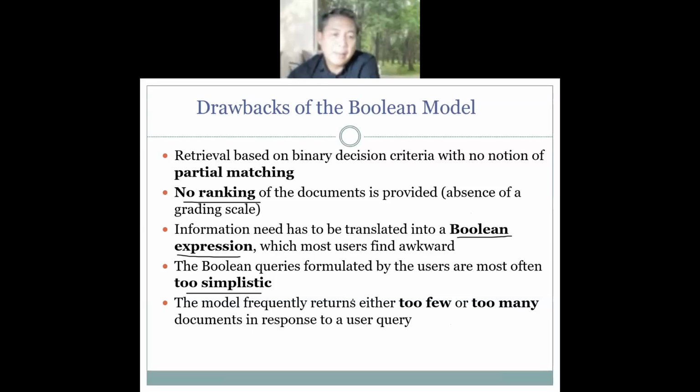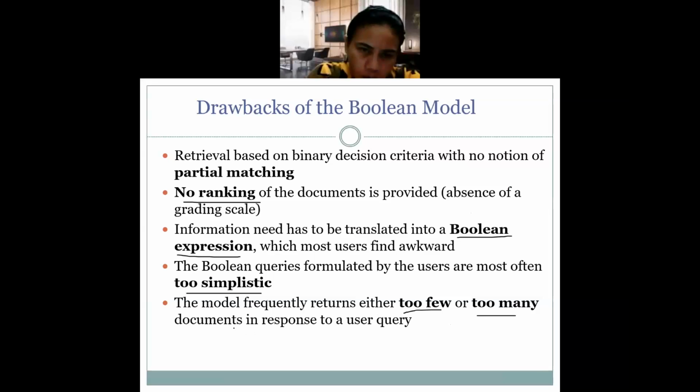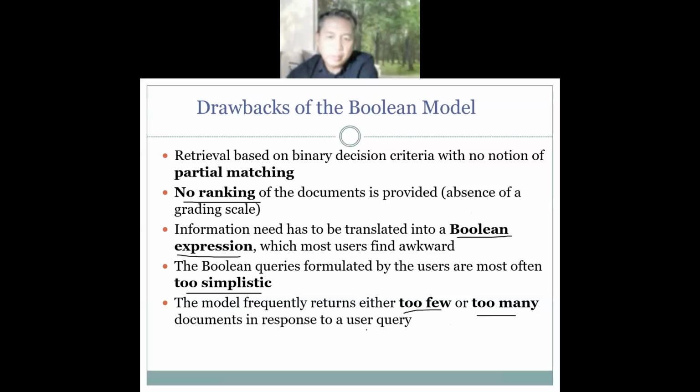It's only true and false matching. And the model frequently returns either too few or too many documents in response to a user query, because if the document matches, then we say it is relevant. If there is no match, it is zero.